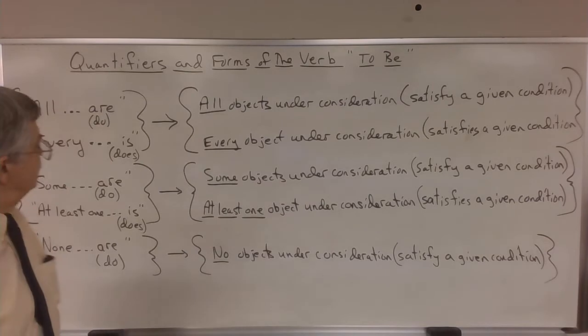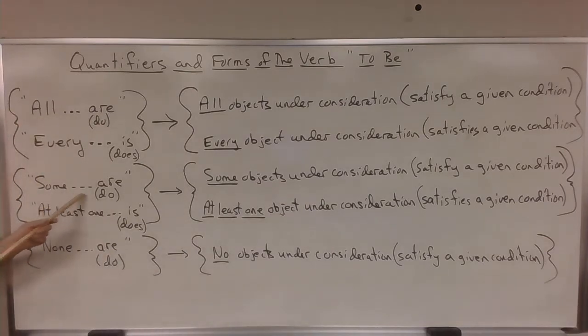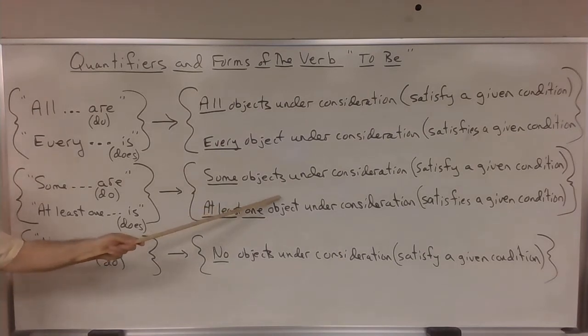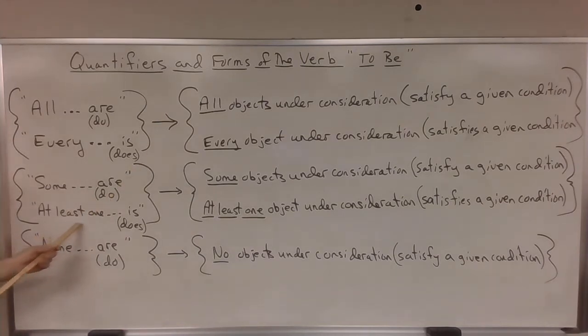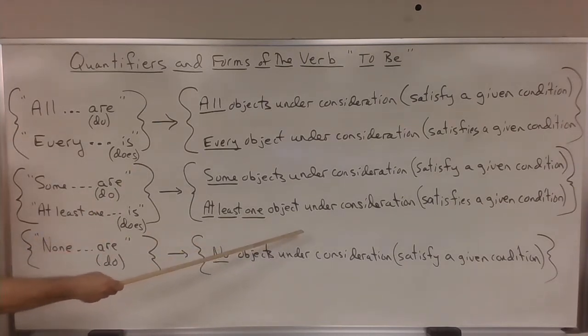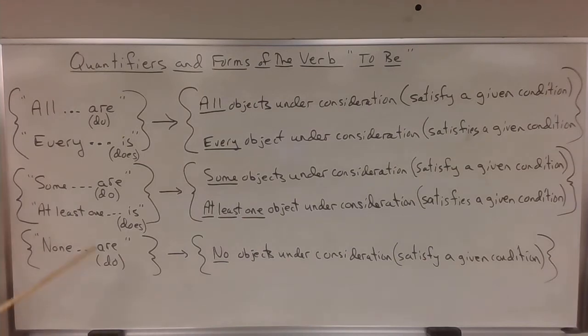So now all we can say is some astronauts are pilots. Some objects satisfy the condition that they're pilots. Or at least one object under consideration satisfies the given condition.